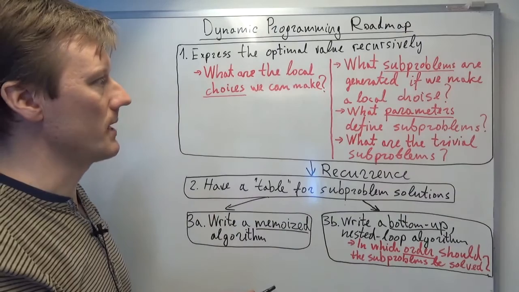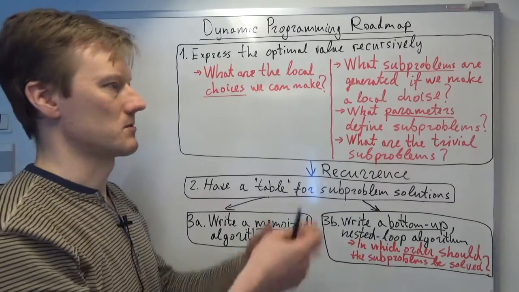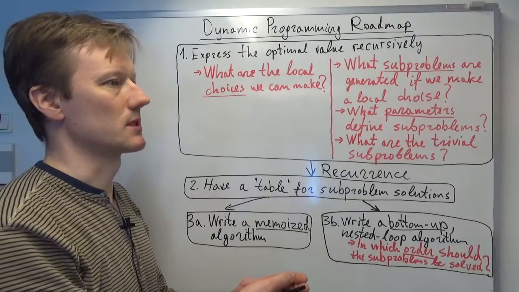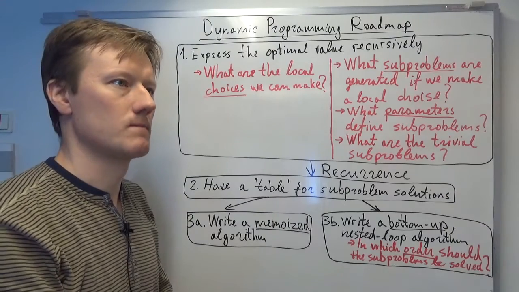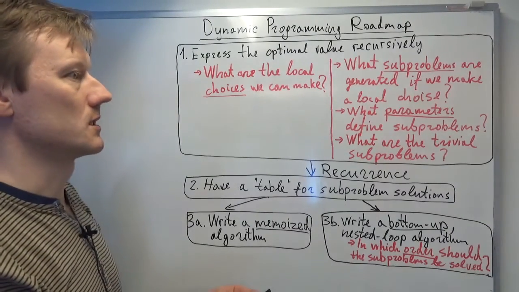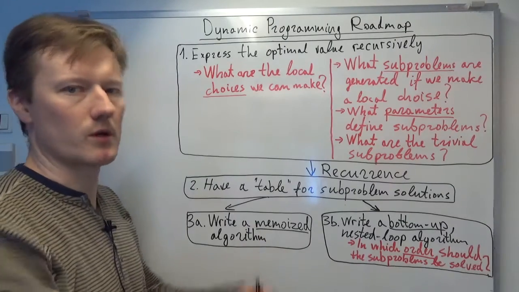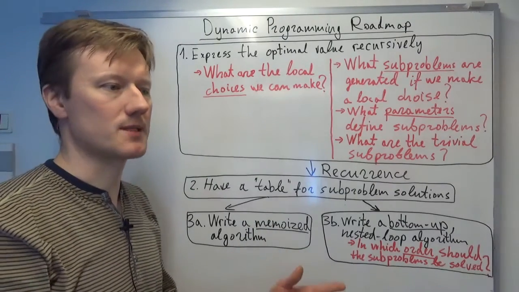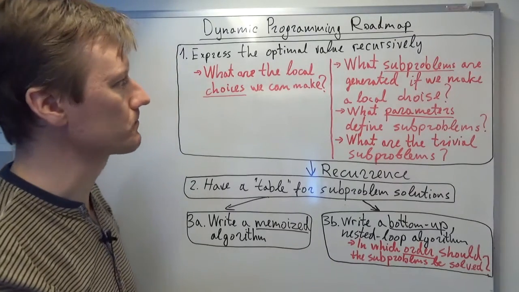So once we make this choice, some choice, in this case, let's say I take a 10 krona coin as the first coin. Then what remains is another subproblem, or more generally, subproblems that need to be solved optimally, hopefully.